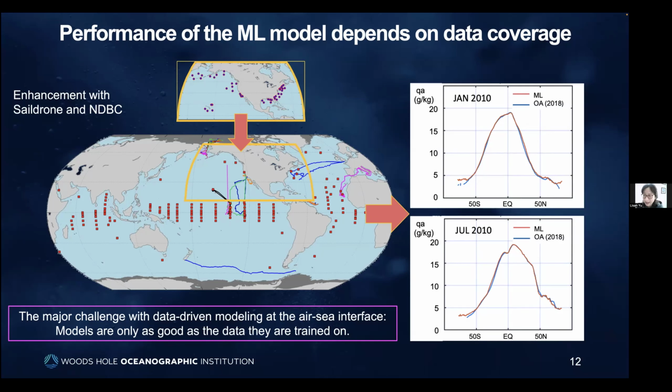And the effort is pretty rewarding, because looking at the red panel, we can see high latitudes are now much better constrained once we have those enhancements at high latitude and also coastal regions. Now, a major challenge with data-driven models is that models are only as good as the data they are trained on. So the in situ observations hold a critical importance in the next step when applying machine learning models.